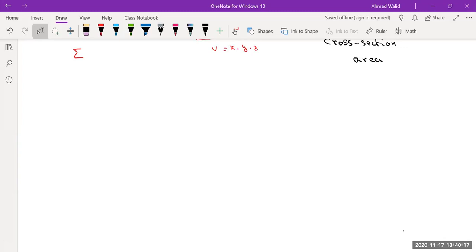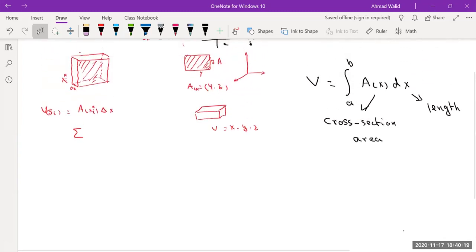Now, one thing that you should see here: when I draw all these shapes, they are perpendicular to the x-axis. If they are not perpendicular to the x-axis, I cannot find the value. They should be perpendicular to the x-axis, or it may be perpendicular to the y-axis, correct? If it's perpendicular to the y-axis, later I'll discuss with you how to change your function.